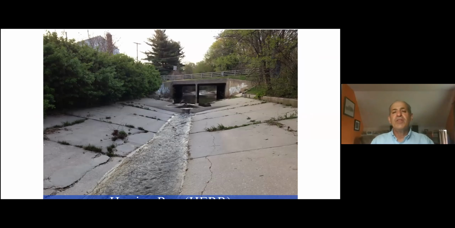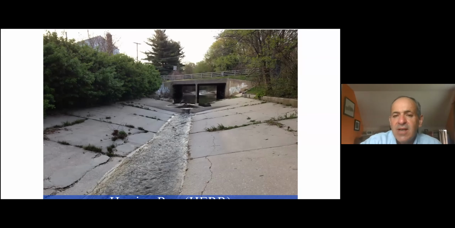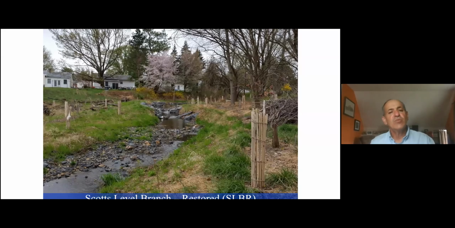Okay, I want to talk about one more thing about stream restoration. There's really a lot of stream restoration that's going on. This is one of our sites in Baltimore, one of these old concrete channels. There's still a lot of these concrete channels across the world. There's still a lot of these basically kind of ditches around the world, and lots of stream restoration. So this is work in Baltimore County, a place called Scotts Level Branch.